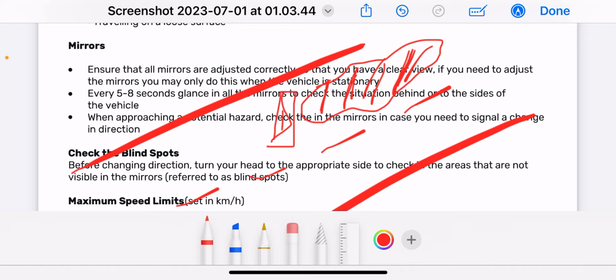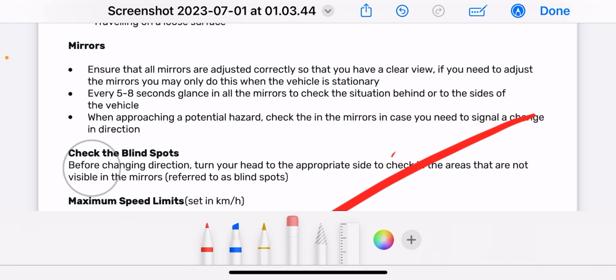You are traveling here, and when approaching the potential hazard, you check your mirrors in case you need to signal the change of direction, because you're about to drive here to pass the hazard.